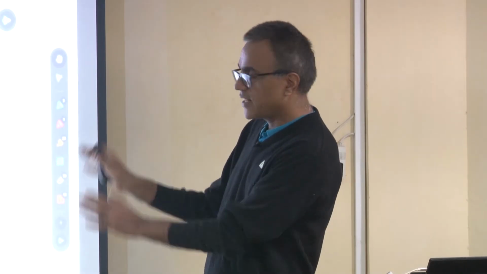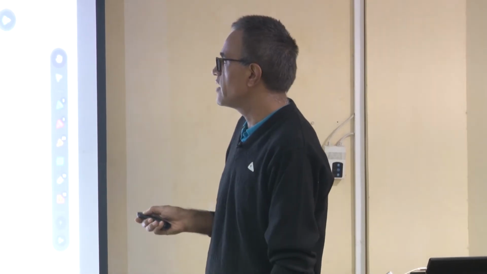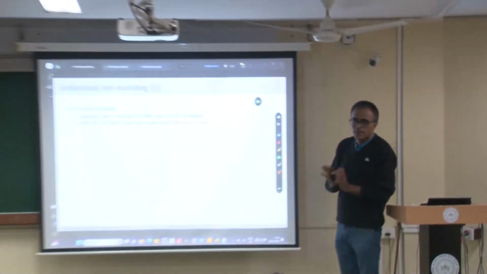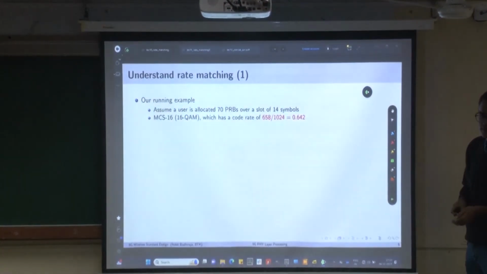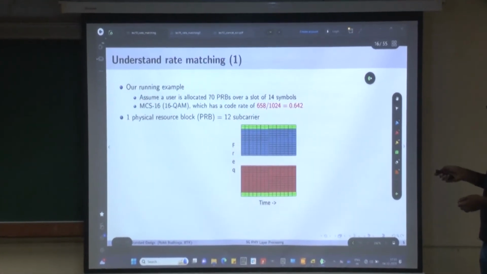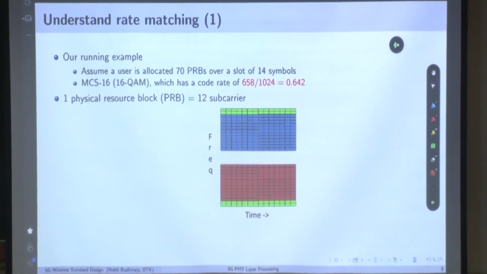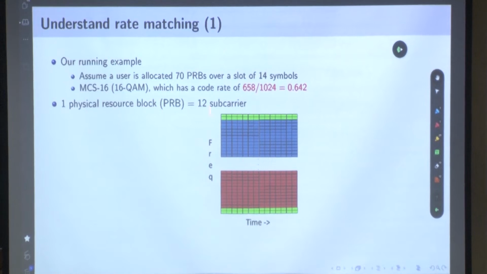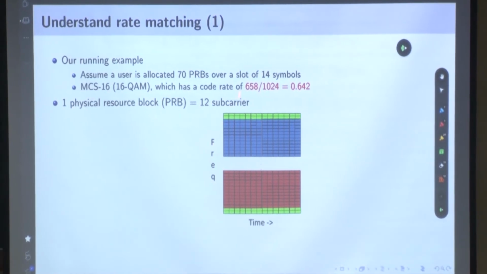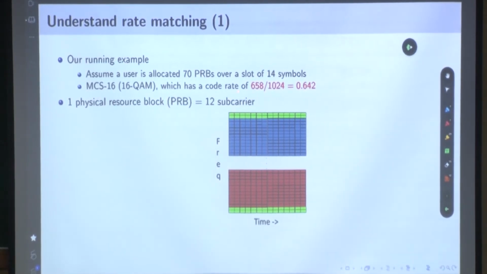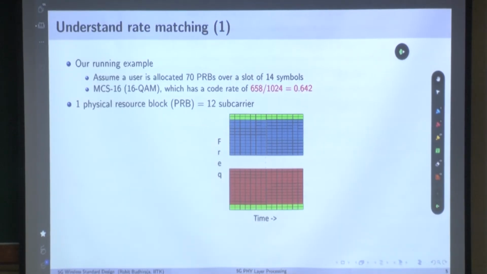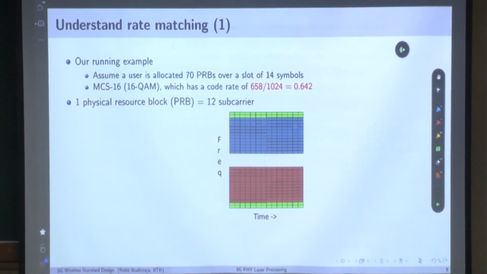So this is our running example. We need to match rate 1 by 3 to 0.642. That's the objective of this class. Before we see how that happens, because the user is allocated 70 PRBs, let's recapture our notion of a PRB. How many resources does one PRB have? 12 subcarriers over one symbol.